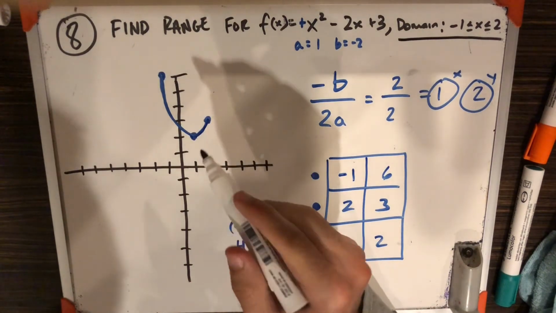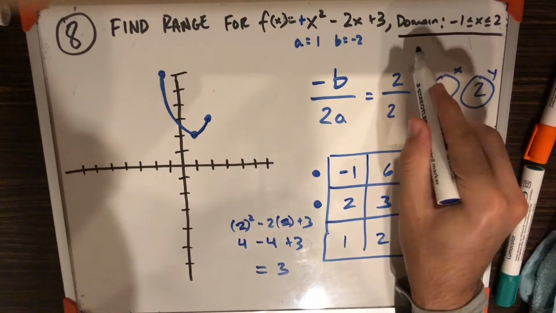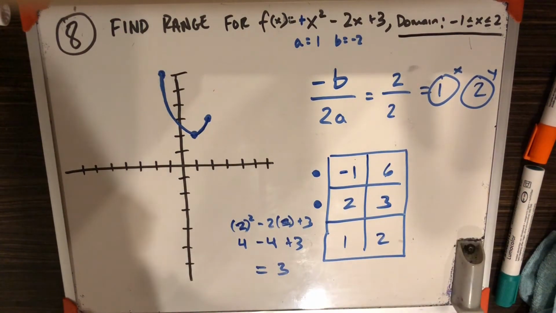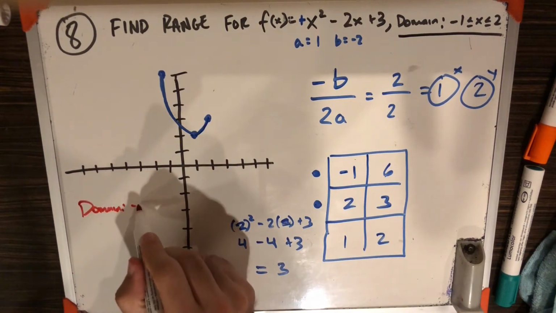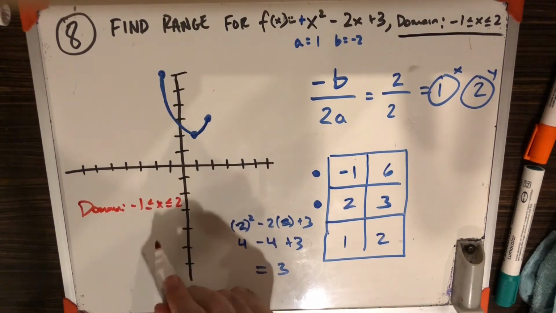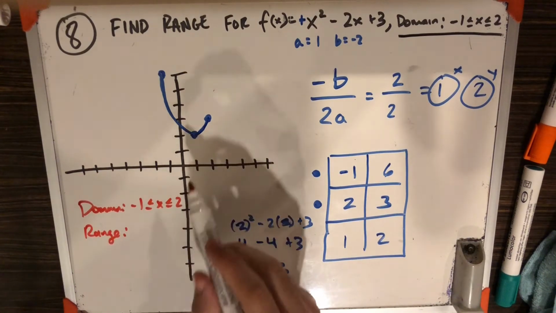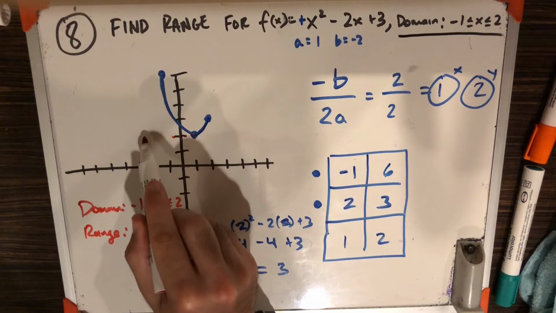Now, let's find the range, right? What is the range according to this domain? So according to the domain, again, domain is between negative 1 and 2. Well, what is our range? Our range ends up being, well, the bottom of this is just 2.